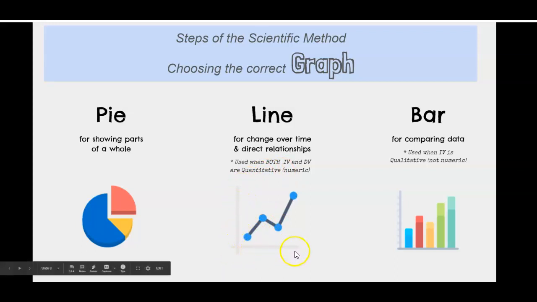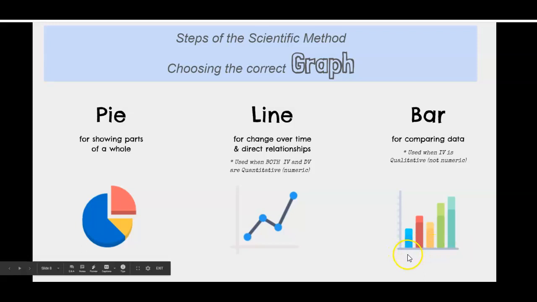So when we're looking at numbers for both things, you're going to use a line graph. But usually in 6th grade science, there definitely are exceptions to the rules, we're looking at quality, and we're looking at numbers based on quality. So we're going to make bar graphs most of the time.